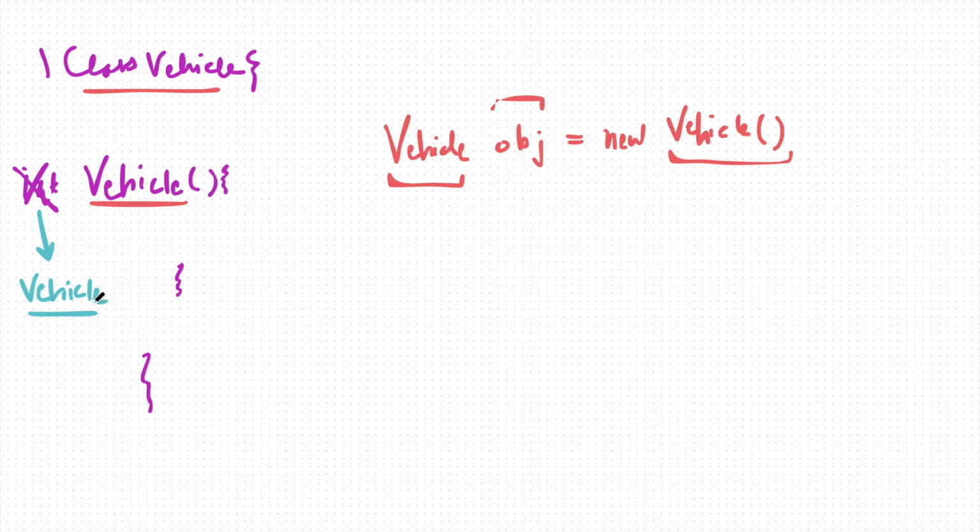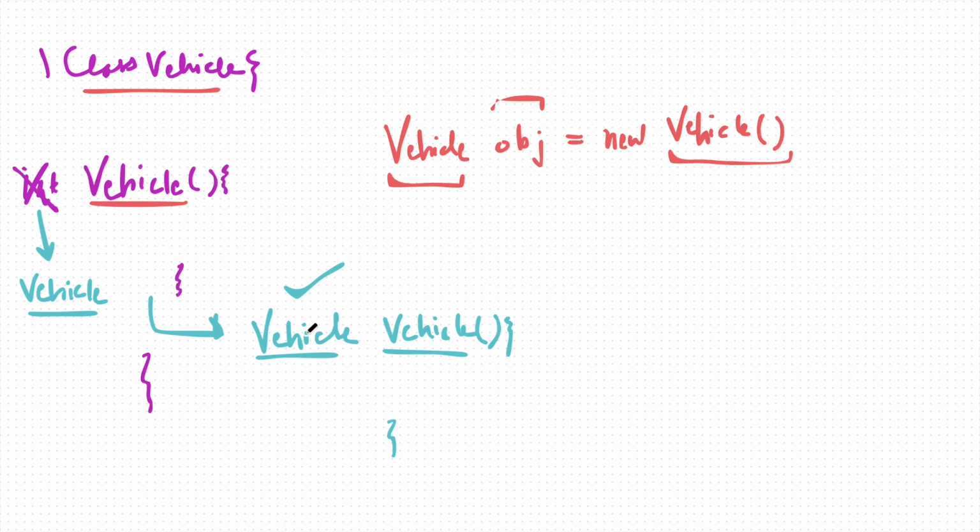All right, and now this is a constructor, because you can have more functions in this class as well. Probably I can have one more function called Vehicle. So what is the name of the function? The name of the function is Vehicle. And what is the return type of the function? The return type of the function is Vehicle.